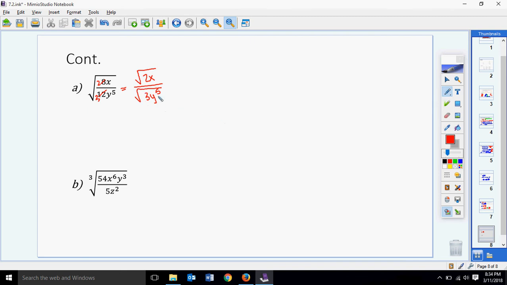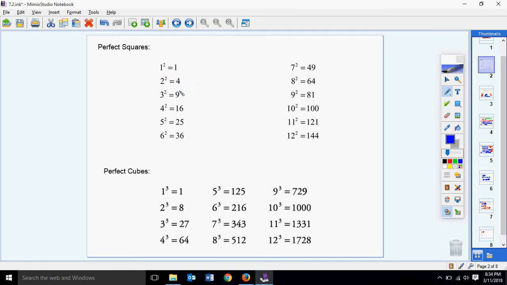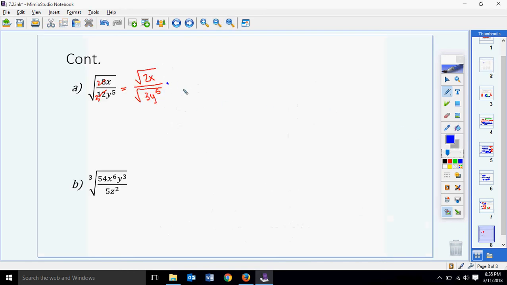So we're concerned about this denominator. I need to write them as a perfect square as best I can. So I'm going to have to multiply by numbers and letters. What can I multiply 3 by to get it into a perfect square? It looks like I could get it up to 9 if I multiplied by 3.